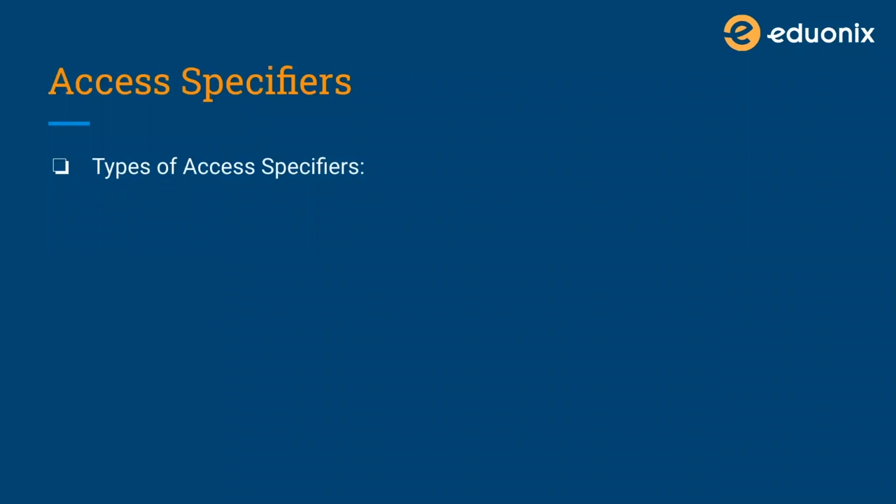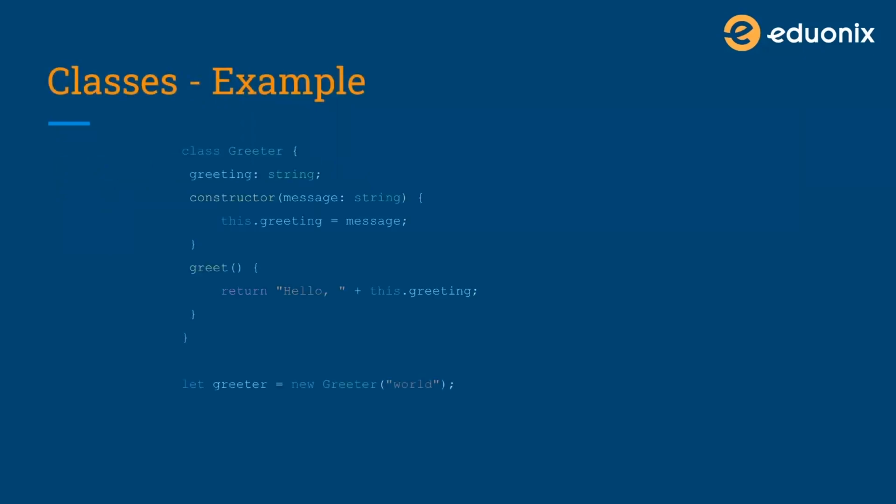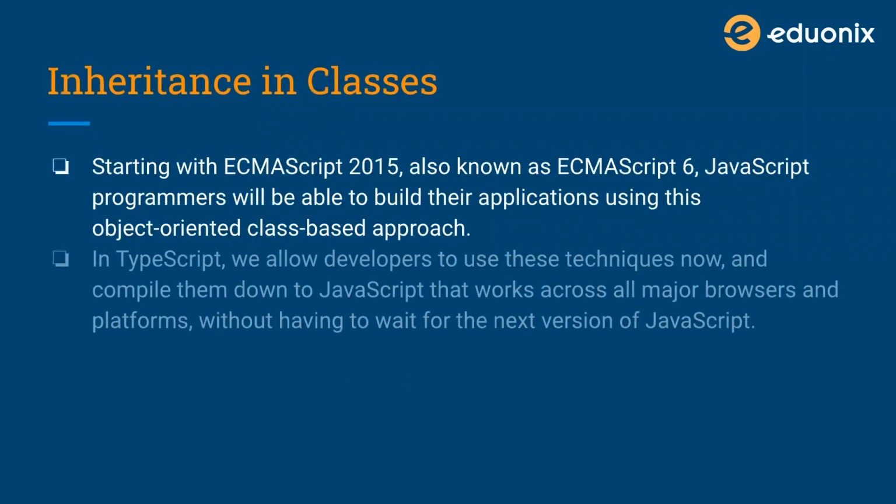Now there are 4 types of access specifiers in a class. The first one is a public access specifier. The second one is private, and the third one is a protected specifier. Since it's an introduction, we're not covering these in detail. This is an example of a class. We've already done a class, so I think we are good with this part. And the inheritance we already covered.